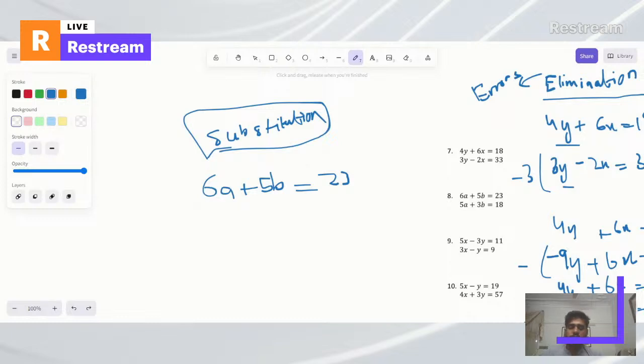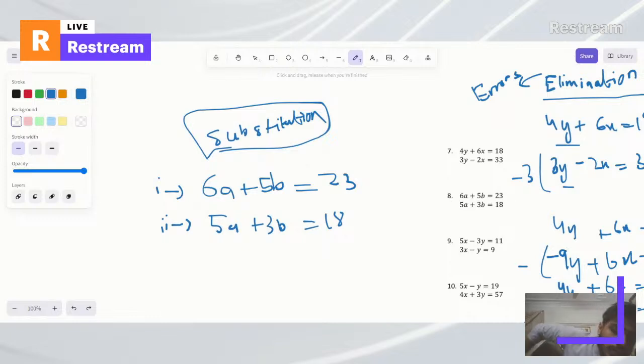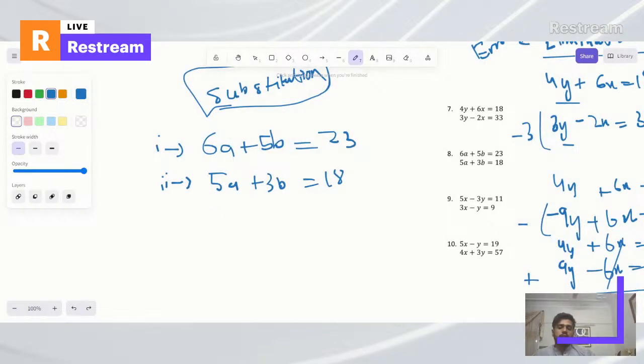So the equation is 6a plus 3b equals 23, and the other equation is 5a plus 3b equals 18. Let's mark this as equation 1 and this as equation number 2. Now we're going to choose any one of these equations.